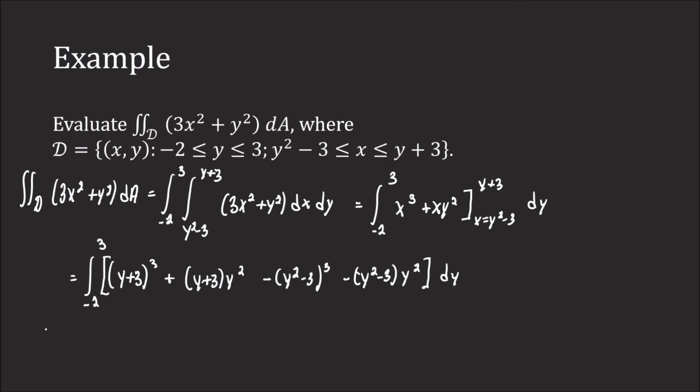After doing some algebra, this will simplify to the integral from minus 2 to 3 of negative y to the 6th, plus 8y to the 4th, plus 2y cubed, minus 12y squared, plus 27y, plus 54.